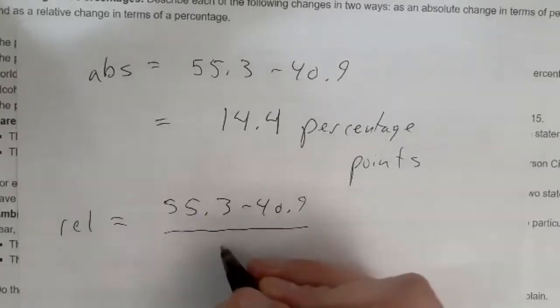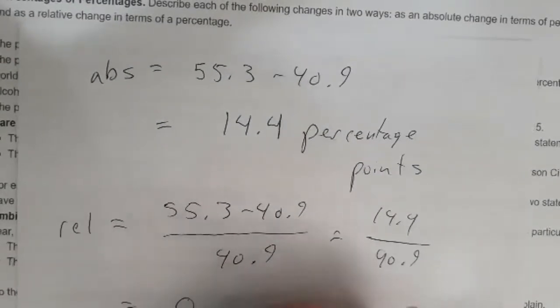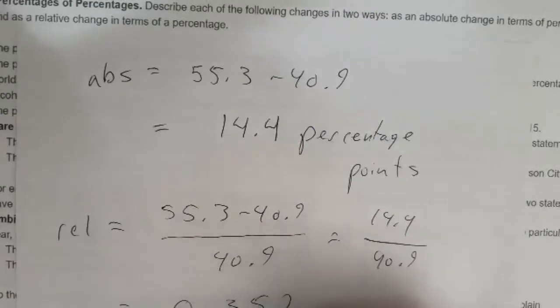That 40.9 has to go on bottom. So now I'm figuring out what 14.4 divided by 40.9 is. And then I have to convert it to a percentage. I'm getting 0.3521, somewhere around there if I round up.